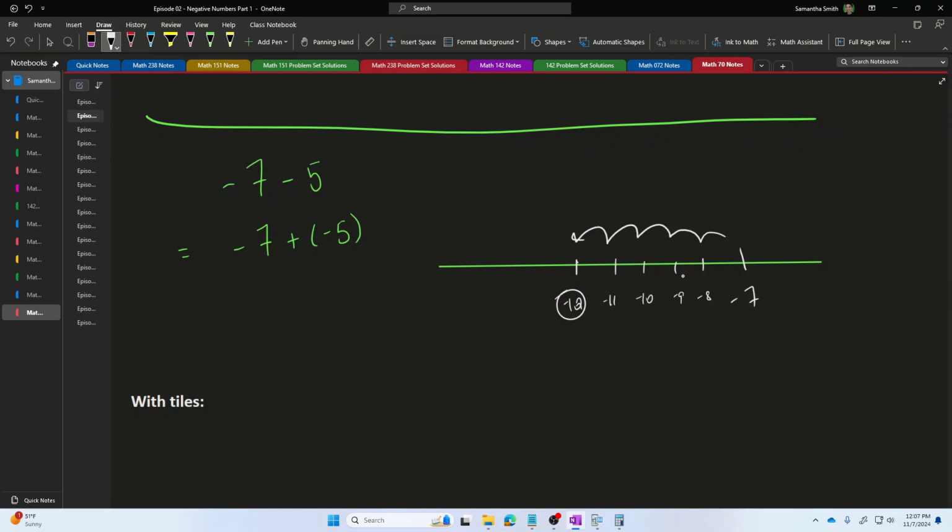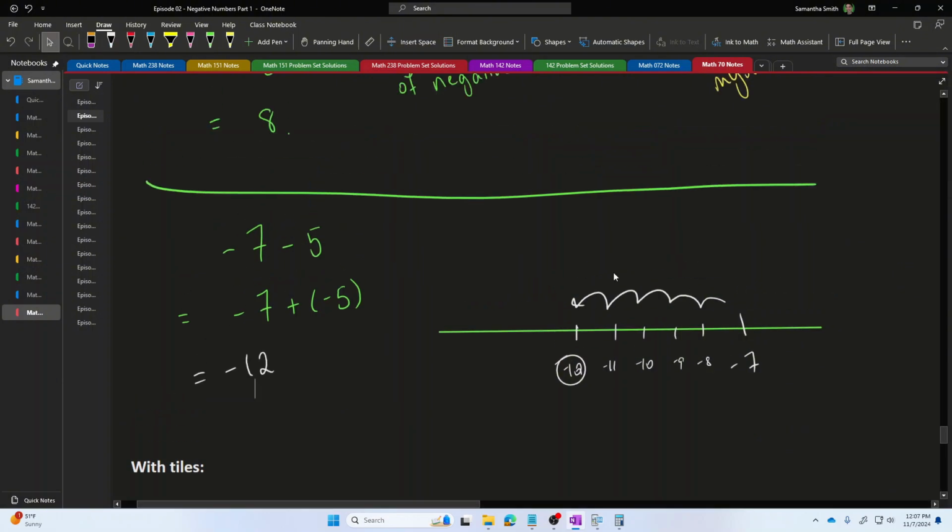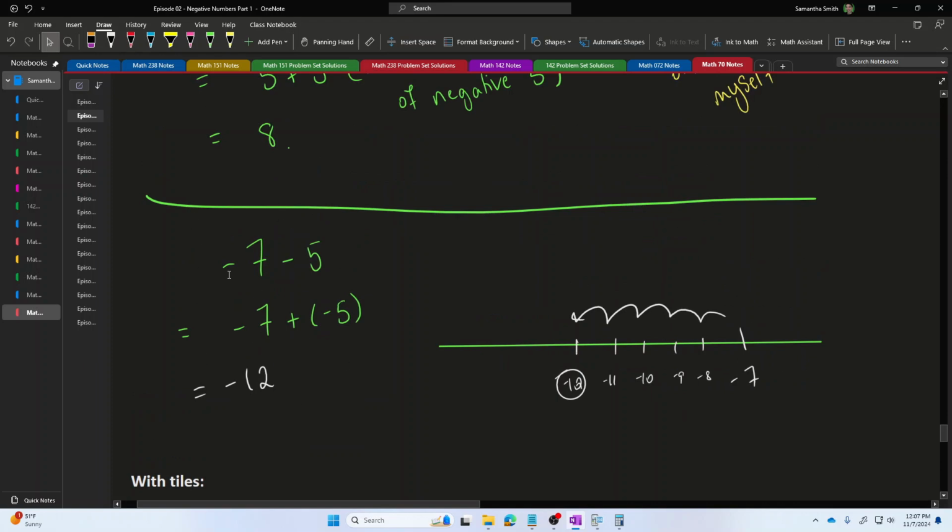Negative 12 would be the result of negative 7 combined with negative 5. And that makes sense, right? What's happening here is that I'm already in debt, and then someone comes along and tries to take even more of my money.